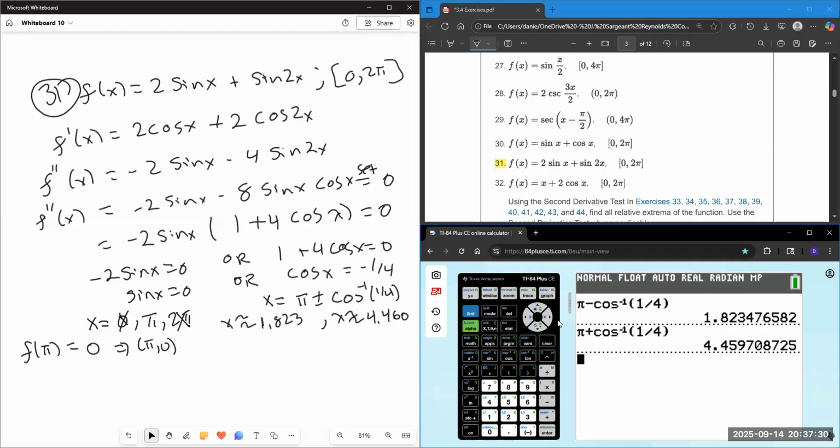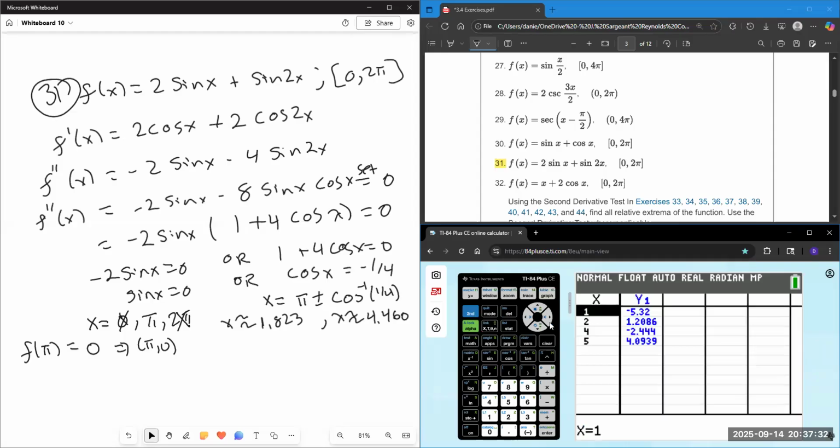And then my table here, I'm going to use pi minus arc cosine of 1/4.